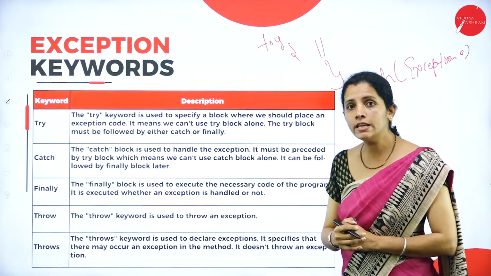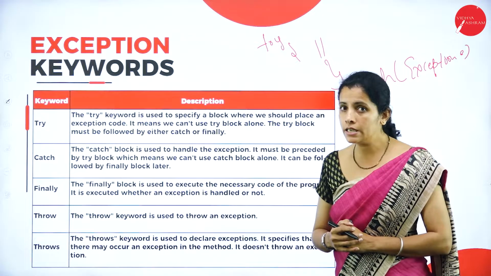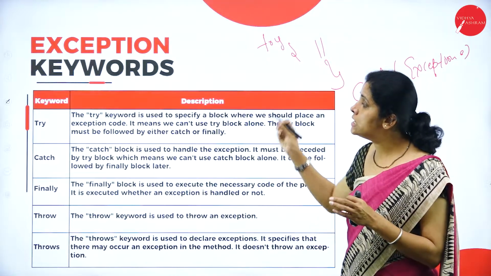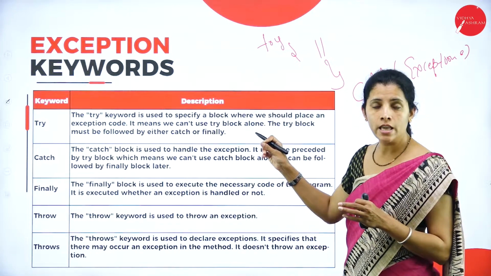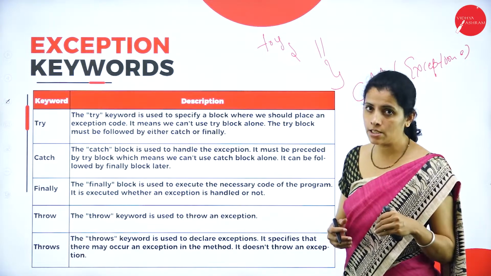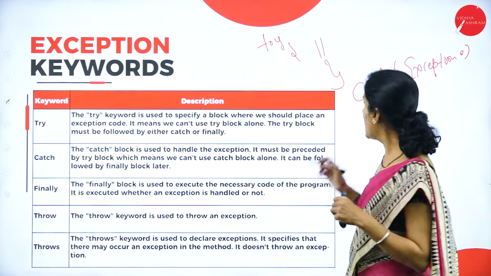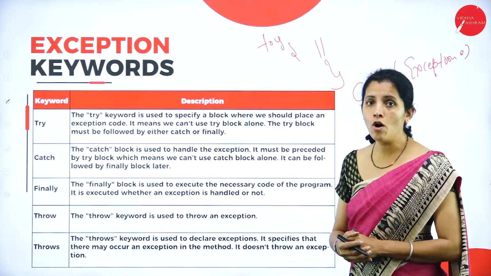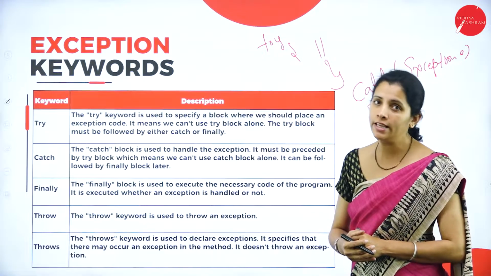So then what is the need of finally? There are certain times an exception can be handled by the try and catch; even if it is not handled by the try and catch block, then that must be handled by the finally. In the finally block, I'm going to close all the connections.